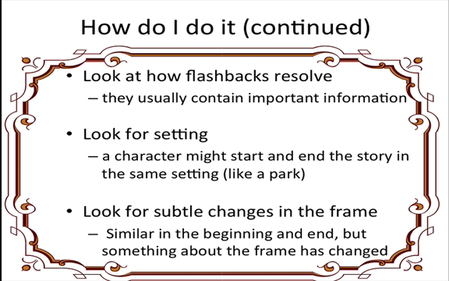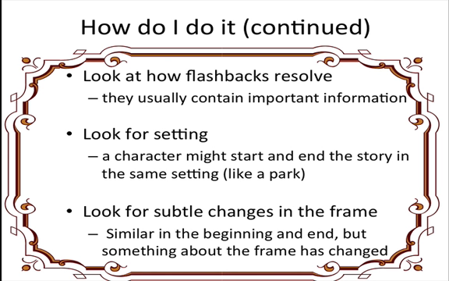All right, so some other ways to notice framing are to look at how flashbacks resolve. Flashbacks usually contain important information, so watch how the flashback changes from the beginning to the end of the scene. If at the end the flashback looks a little different or has resolution, that's the key that you want to focus on in terms of how it indicates theme.